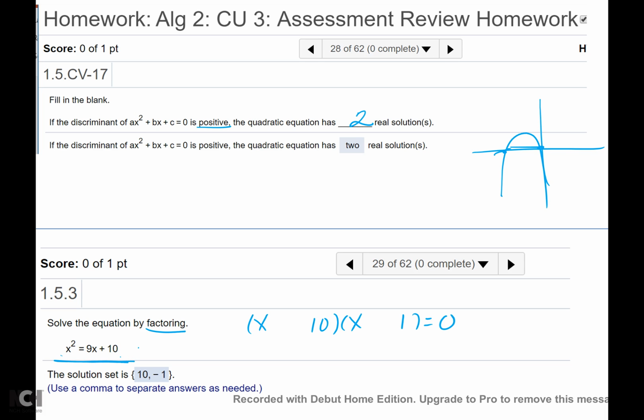Ooh, no. My bad. This is not in proper form. To solve by factoring, you have to have 0 on one side. So I actually need to rewrite this. This is going to be x squared minus 9x minus 10. And the way I got that is I subtracted 9x from both sides. That gives me x squared minus 9x equals 10.